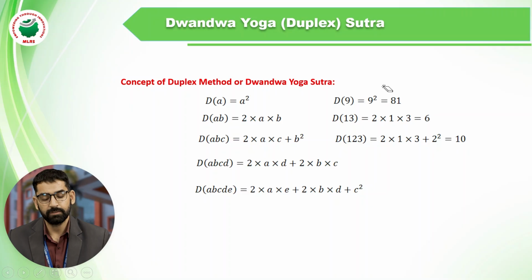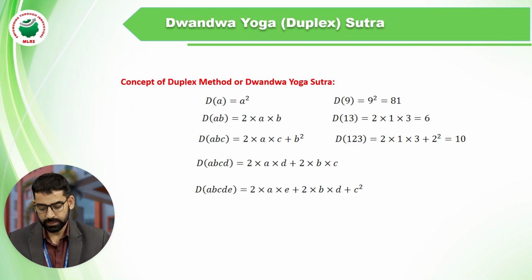What happens if we have a 2-digit number? Here you can clearly see from the screen that D of AB equals 2 into A into B. So to calculate the duplex of a 2-digit number, we can use the formula 2 into the first number into the second number.